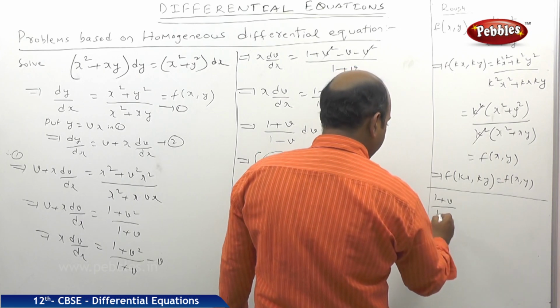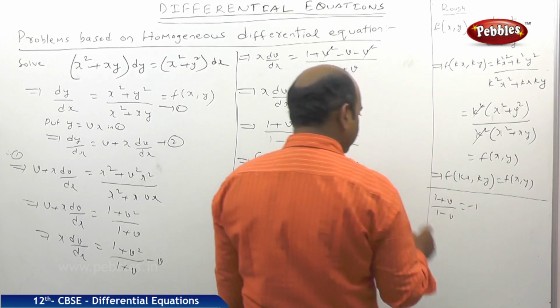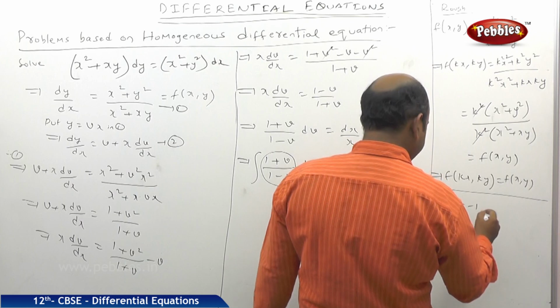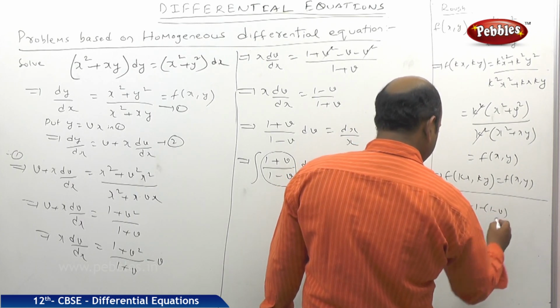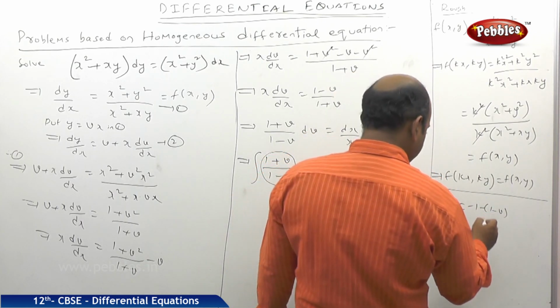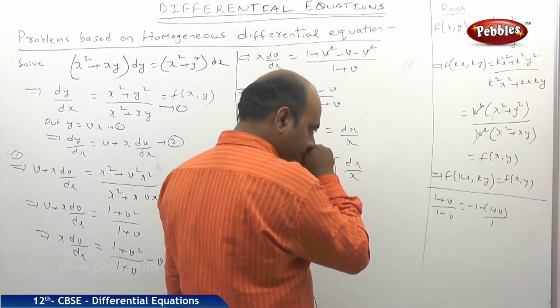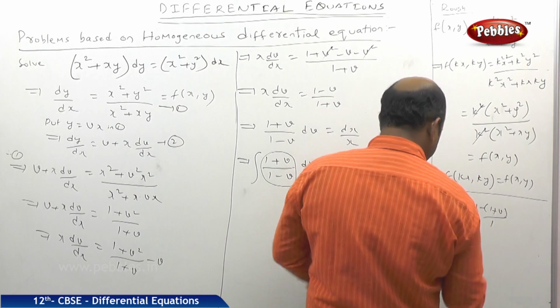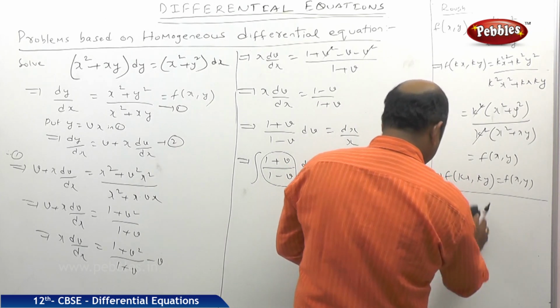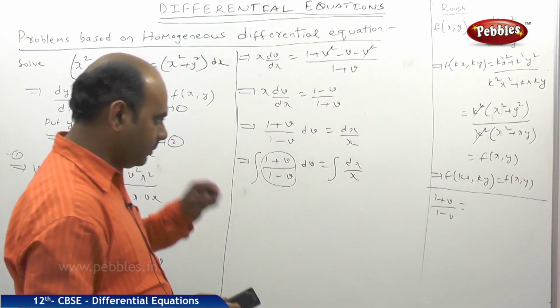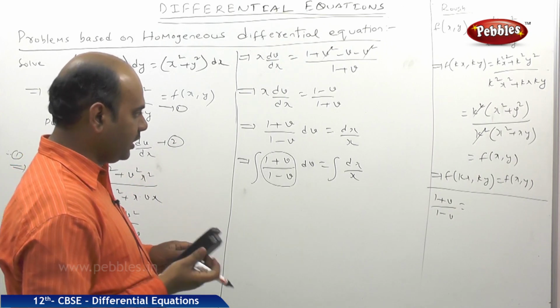1 plus v by 1 minus v is equal to minus 1 minus of 1 minus v, sorry, minus divided by... I think we shall make a little bit of change, 1 plus v by 1 minus v. So how can I do it?